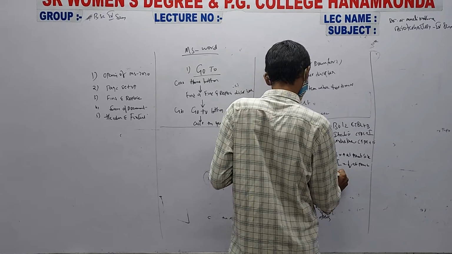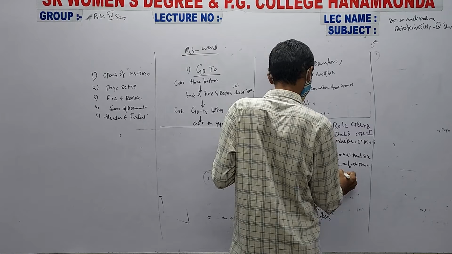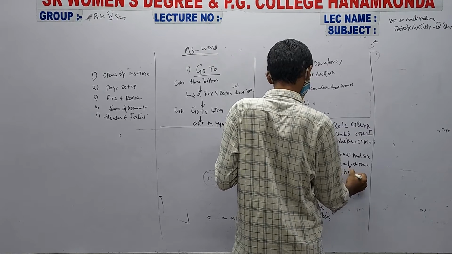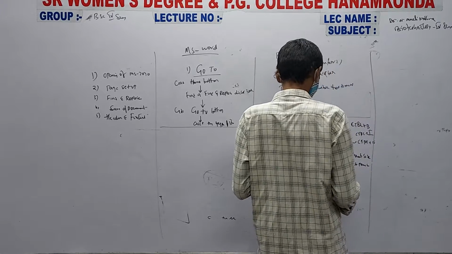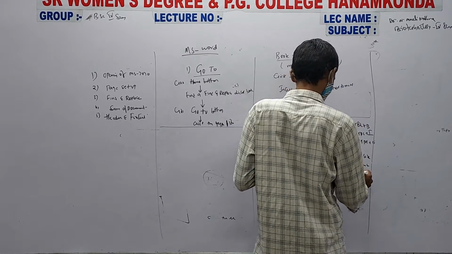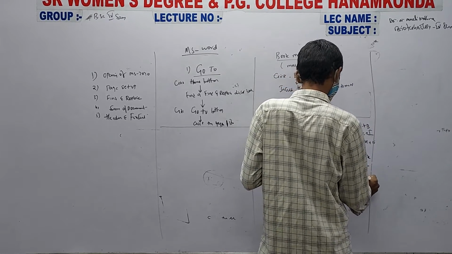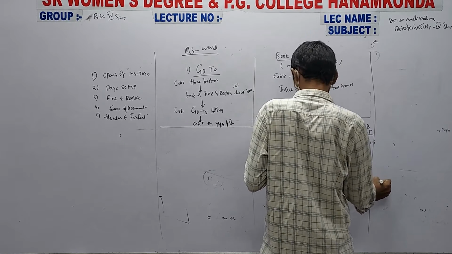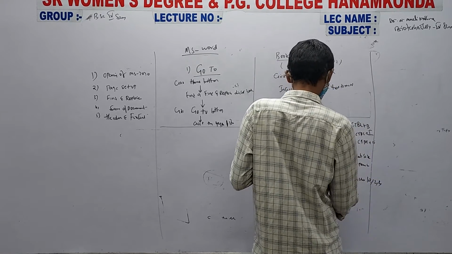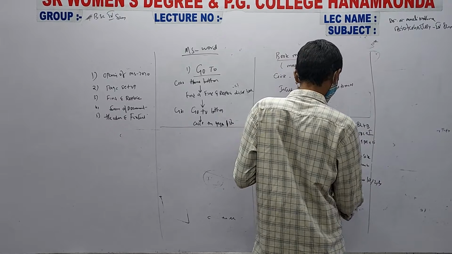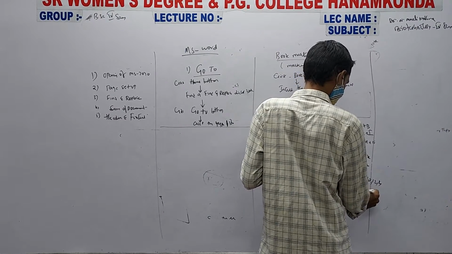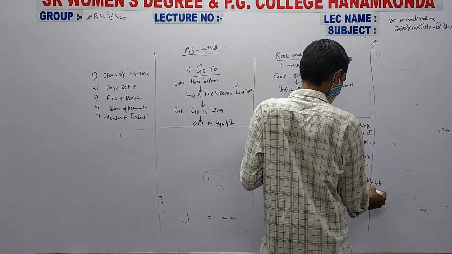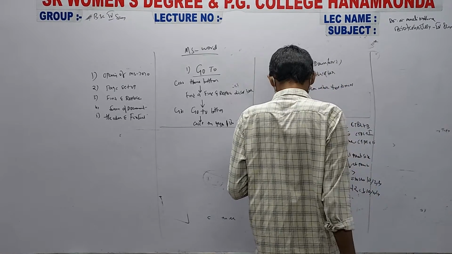Next, Control plus Shift plus the arrow increases the size through 10, 12 and 14, and the opposite decreases the font size by 10, 12 and 14 and so on.